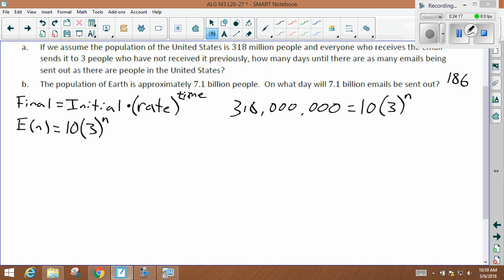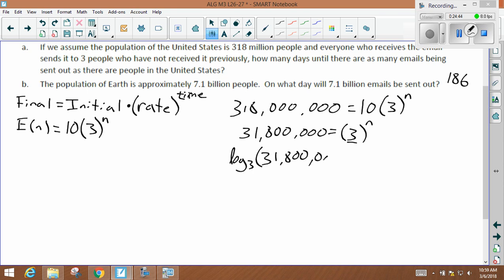If I divide this by 10, it's going to take it down 1 decimal place, pretty much. Now I have an exponent there. I would like to get rid of it. How do I get rid of it? I'll take the log of both sides. I'm going to choose log base 3 because I have a base of 3 right there. And I'm going to keep the million.